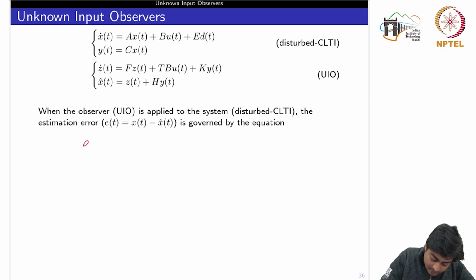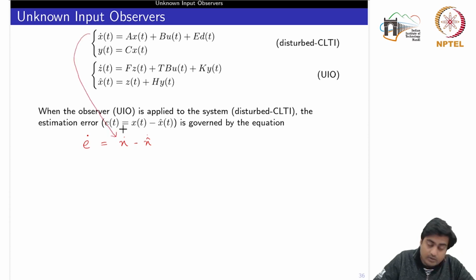The next step is to take the derivative, x dot minus x hat dot. Here I can substitute x dot, and after taking the derivative of the output equation of the observer, I will substitute it here.